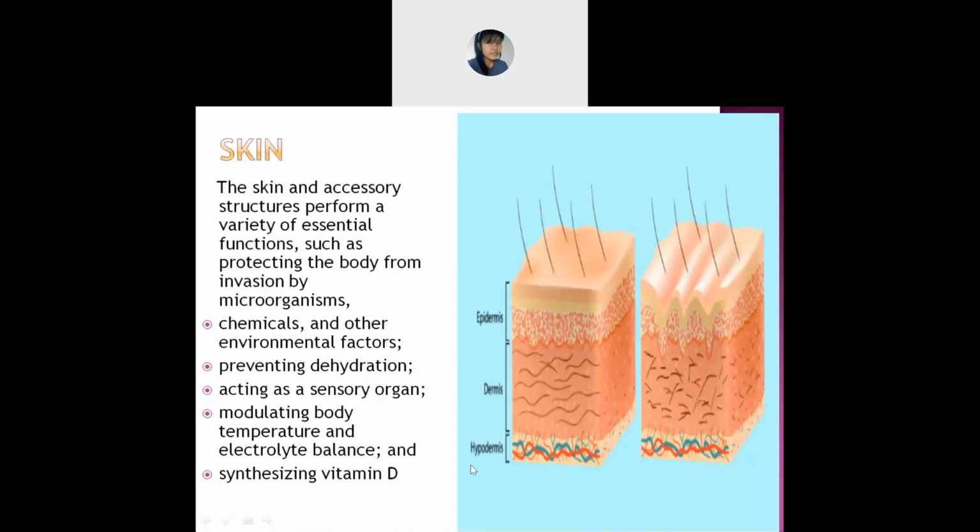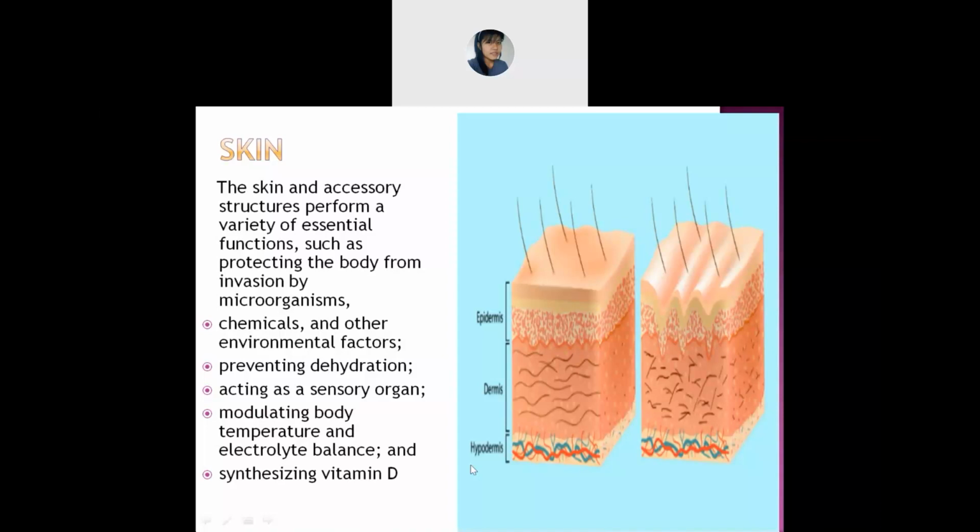The skin helps us in making some accessory structures in our body. They also protect us from microorganisms, the things which you can't see, small, minute particles.